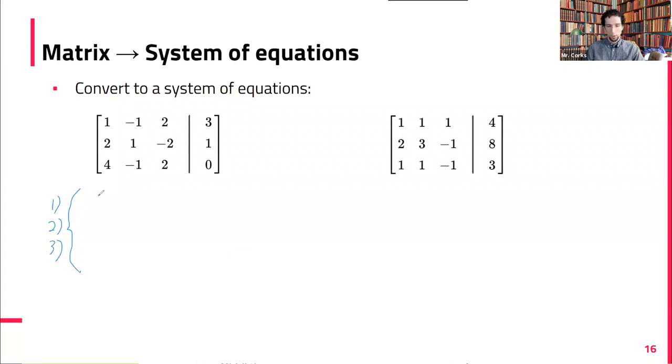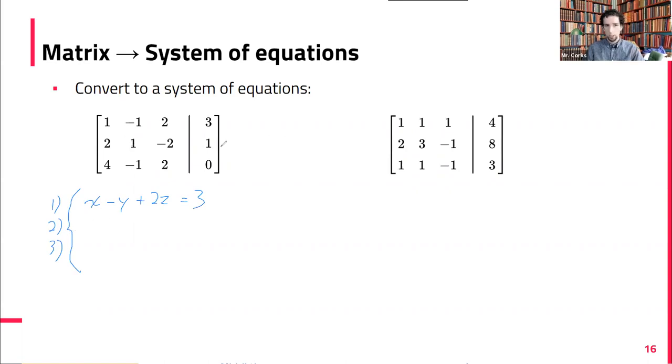What is our first equation? x minus y plus 2z is equal to 3. Good. So just make sure you're reading those off correctly.